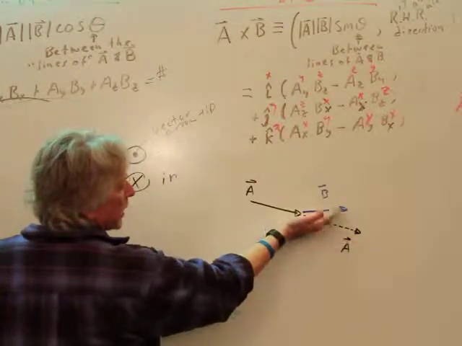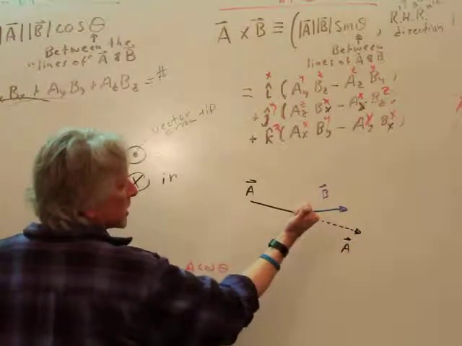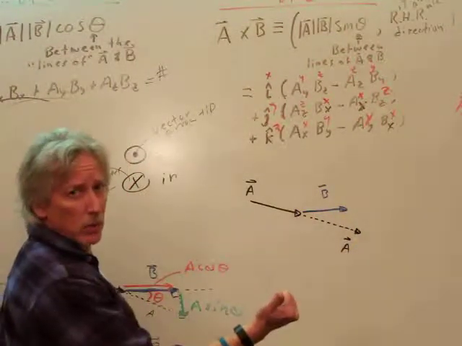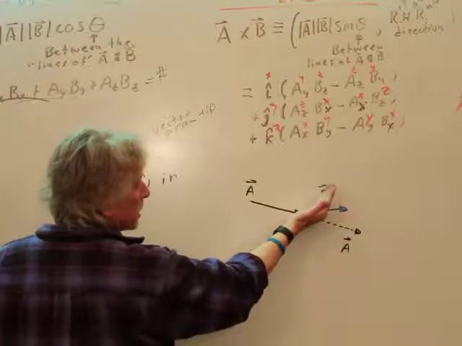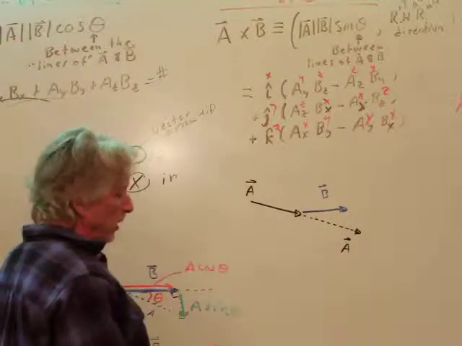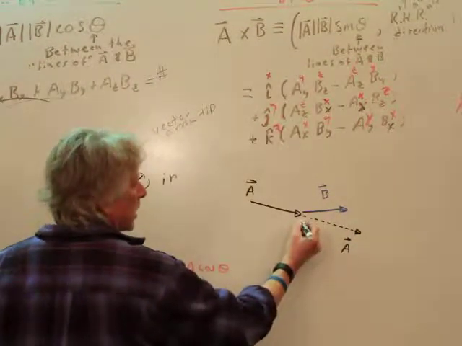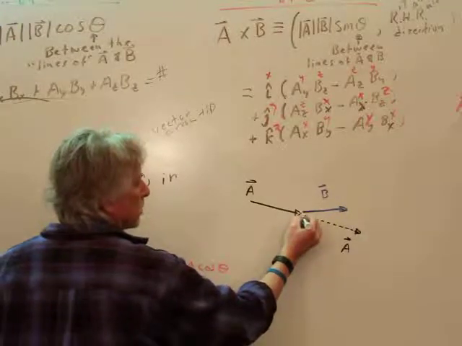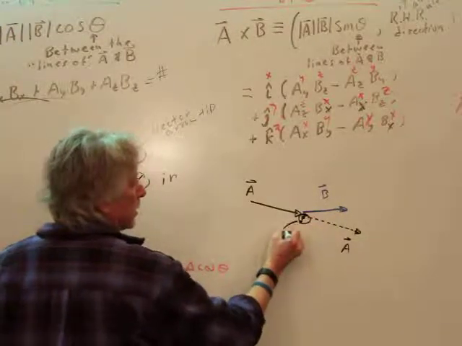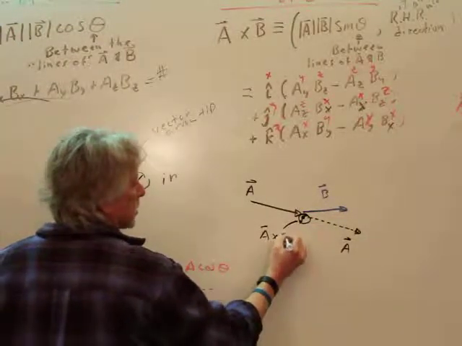If I put my palm there and my thumb is out, that's the direction of A cross B. A cross B would be out. So I'd make the out symbol and put it right there, whatever it is.